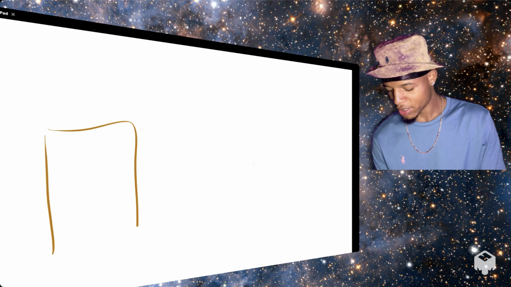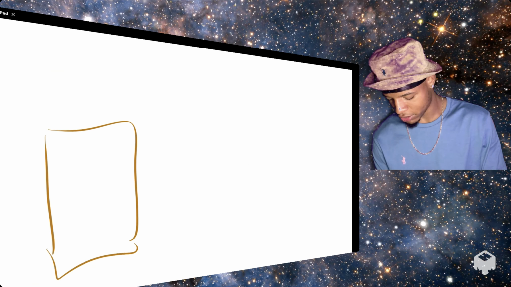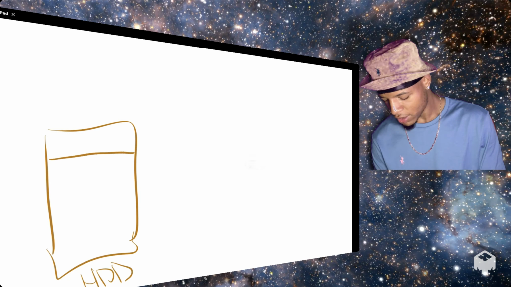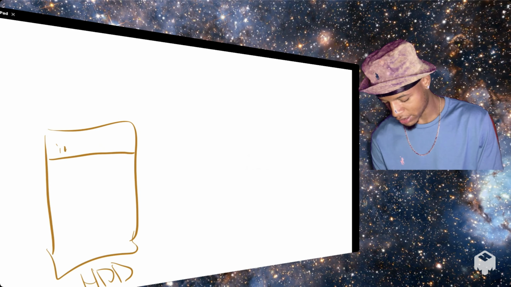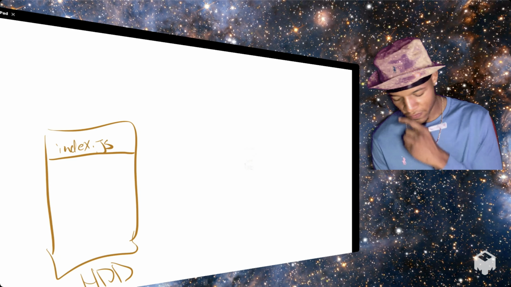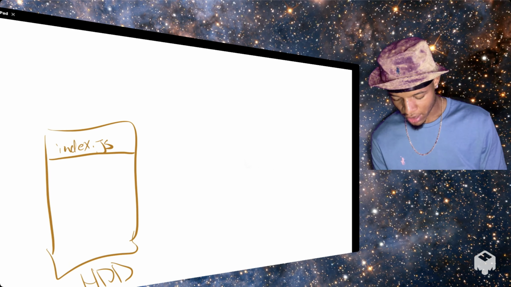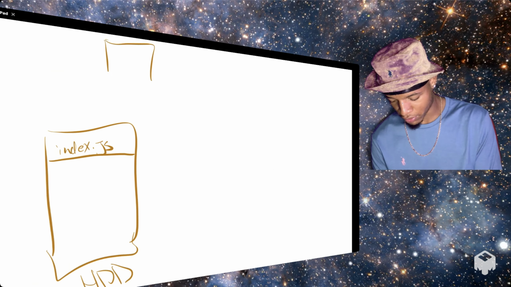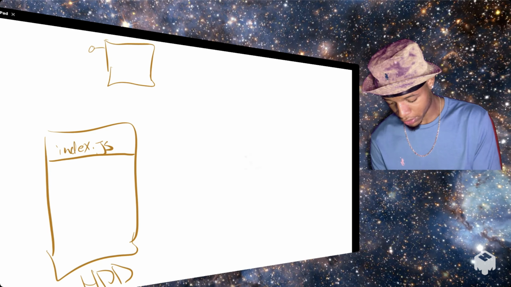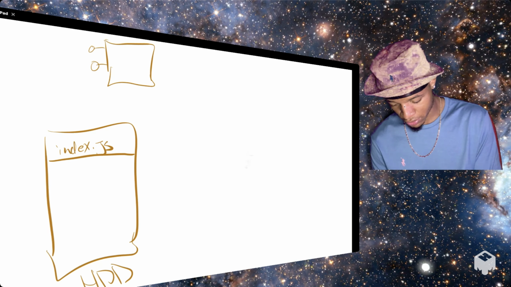Remember, that file lived on your hard drive. Let's call this your hard drive, and let's call this your index.js file, and we're going to call this one the CPU.